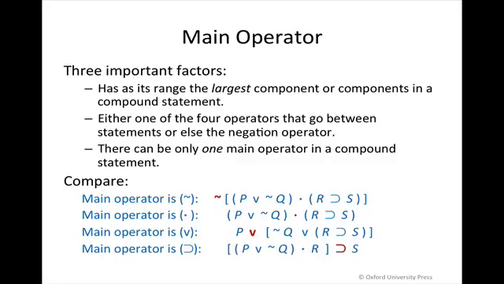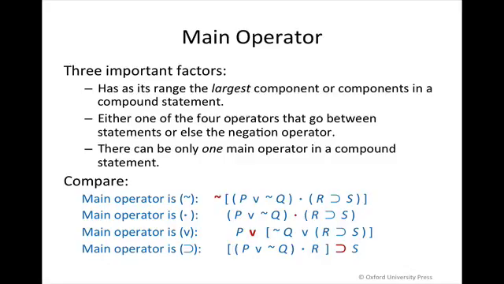Now remember earlier I mentioned that one of the reasons why it's important to use parentheses is so that you can set off a compound sentence, or the elements of a compound sentence, as a single unit. And in doing so, what you're highlighting is a compound sentence's main operator. So take a look at each of these examples. In red, you'll see the main operator.